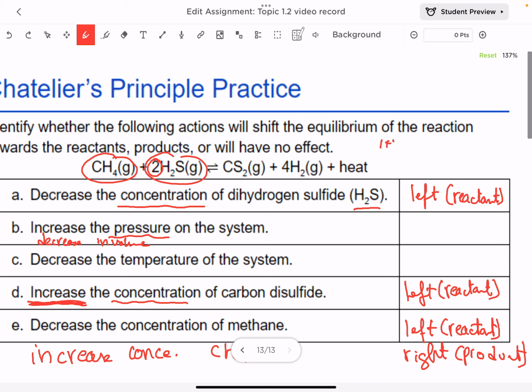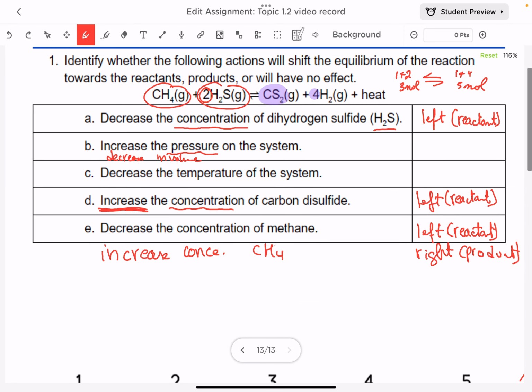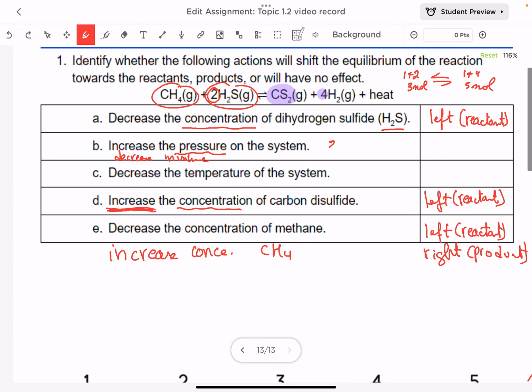So 1 plus 2, that makes it 3 moles in equilibrium with, here I have 1 CS2 and 4 H2. So 1 and 4, that makes it 5 moles. So we are dealing with 3 moles versus 5 moles.